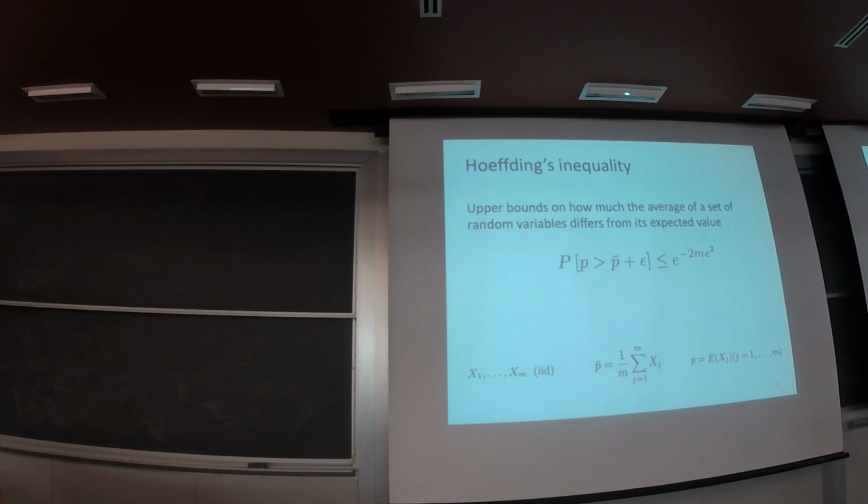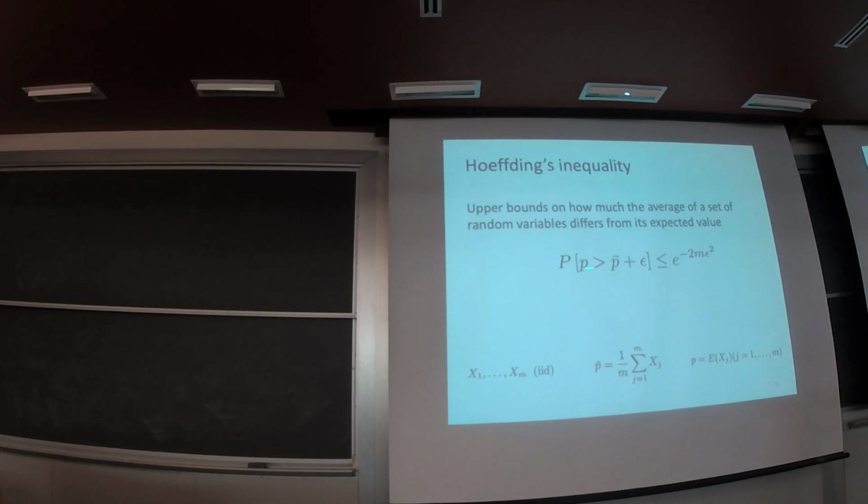This Hoeffding inequality can upper bound how much the average of a set of random variables differs from its expected value by some level, say epsilon. Here, P denotes the expectation or the mean, and P bar is the average of a set of independent random variables.